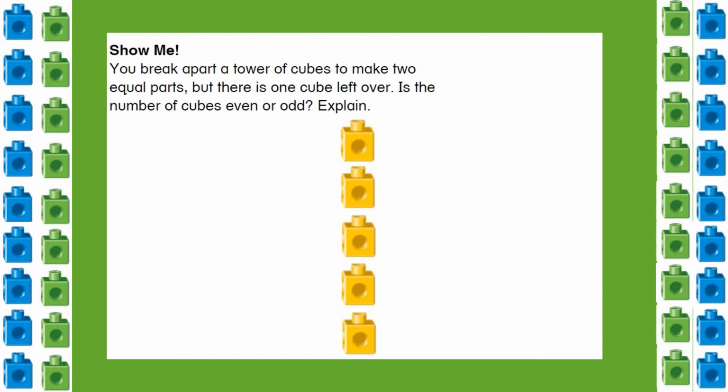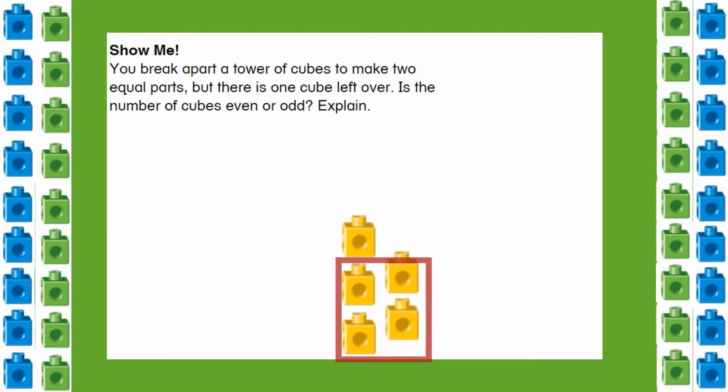Now it says here, show me. You break apart a tower of cubes to make 2 equal parts, but there's 1 cube left over. Is the number of cubes even or odd? Explain. Well, I've got a little tower of cubes right here. Oh, and I haven't added or taken anything away.